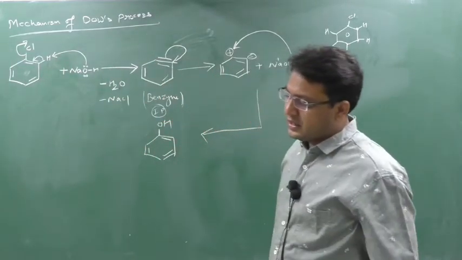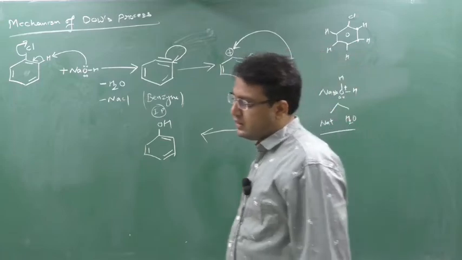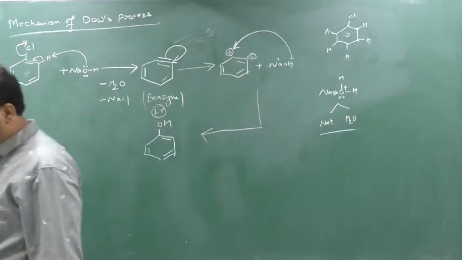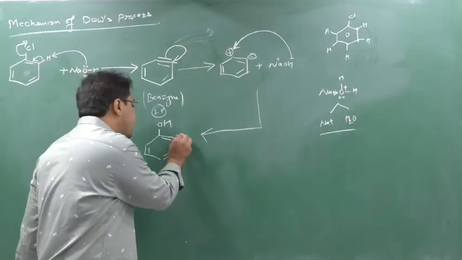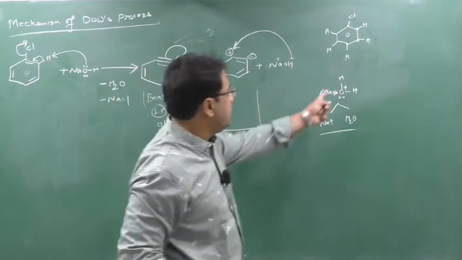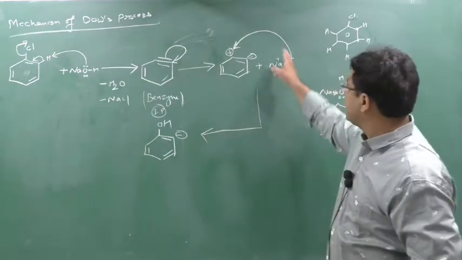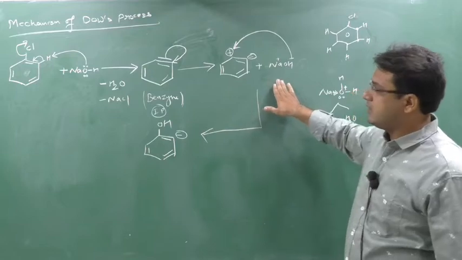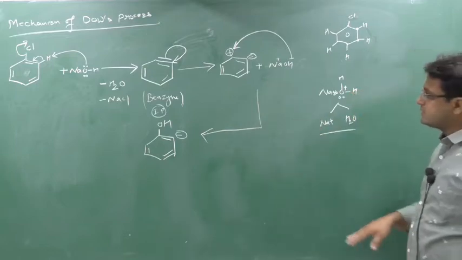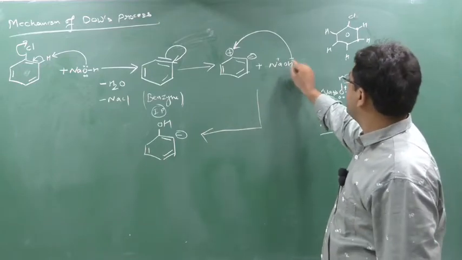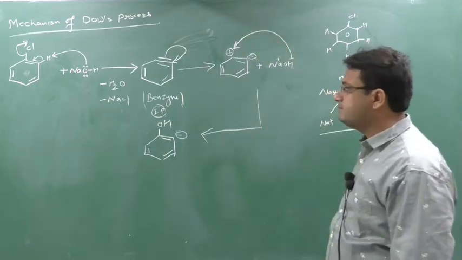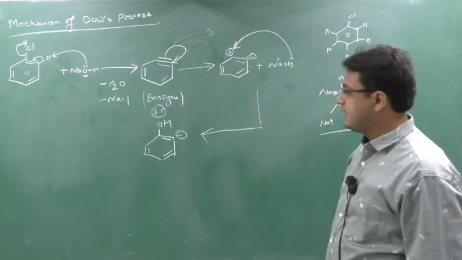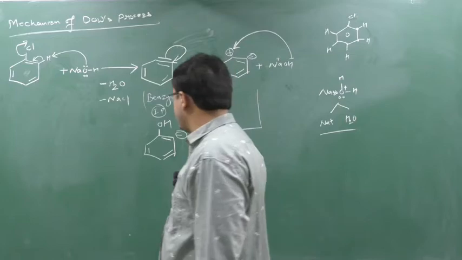Clear this part? Are you understanding or not? But here there is a minus charge itself. Only OH minus will attack here. Na plus will remain as it is. So out of Na plus and OH minus, the minus part attacks here. This part is clear?